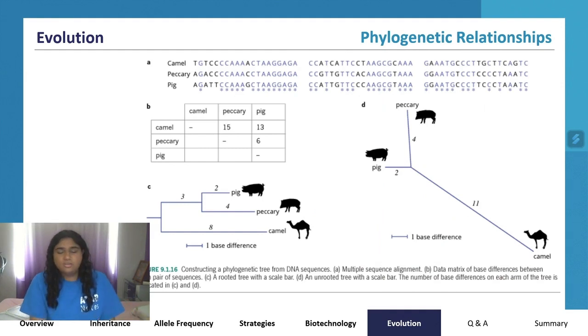You would have come across this briefly in Unit 3 when we were looking at how to define species. But to put it simply, phylogenetic relationships are looking at how similar DNA sequences are between organisms that we know.